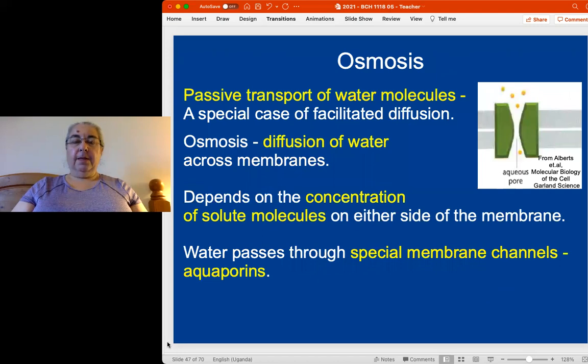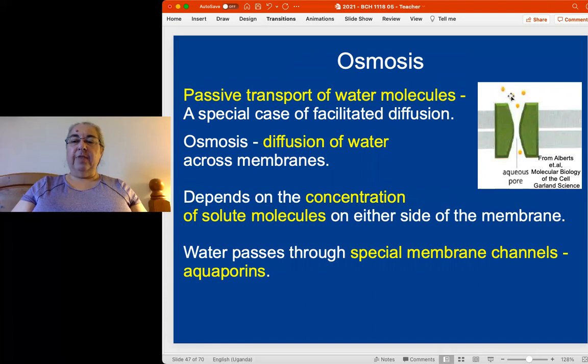Okay, so I want to talk about the special case of water molecules, the passive transport of water molecules, or osmosis. So this is somehow a special case of facilitated diffusion. So we've already seen that this sort of channel protein with an aqueous pore in the middle that molecules can pass through.